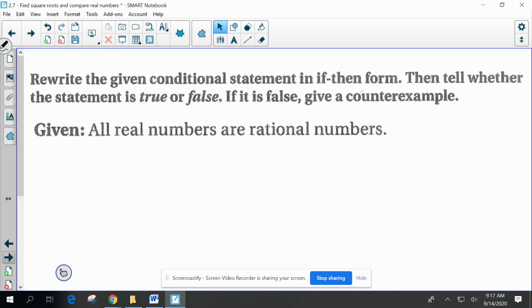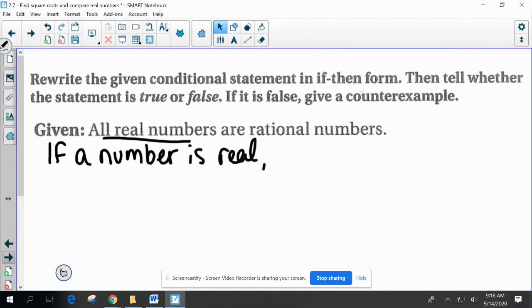So again, given, all real numbers are rational numbers. So we need to make an if-then statement. So this is our first part. If a number is real, okay, then what?